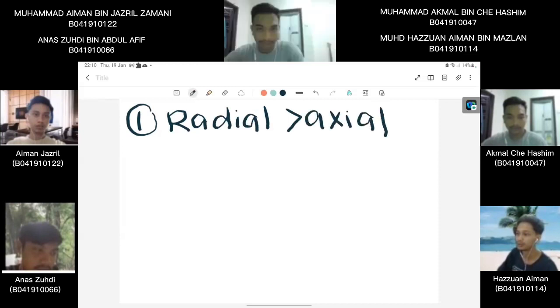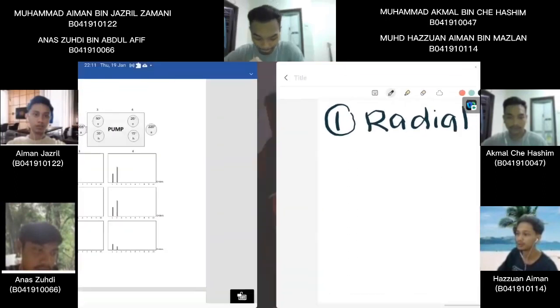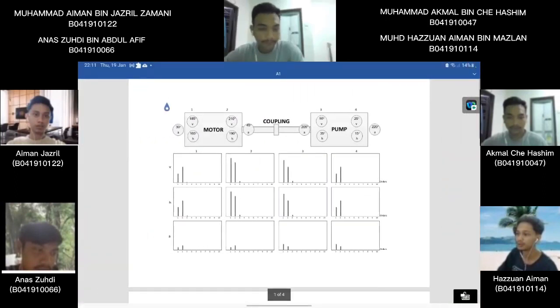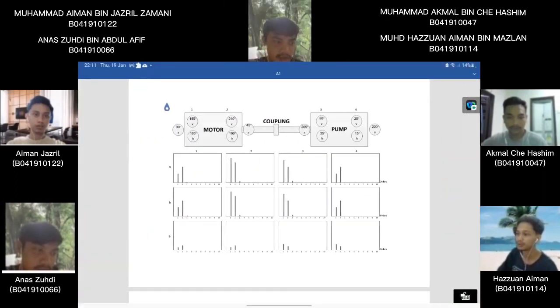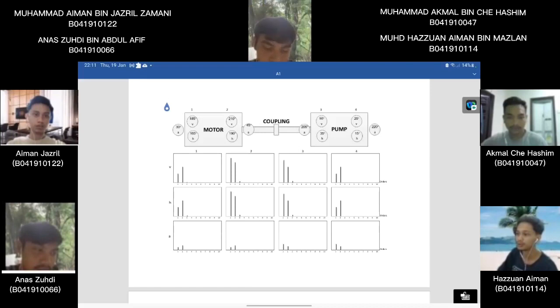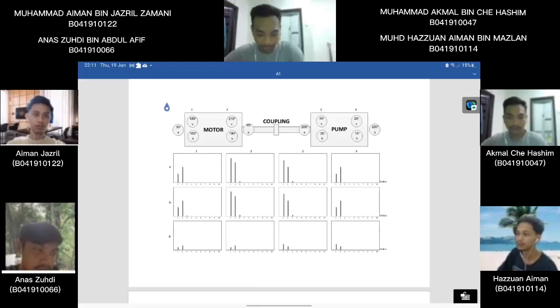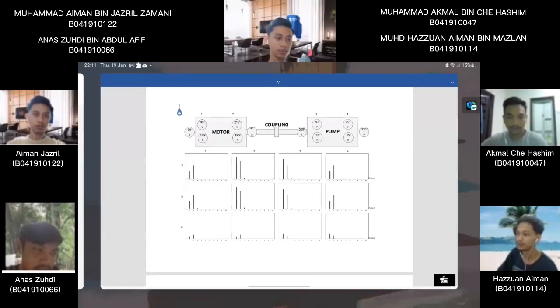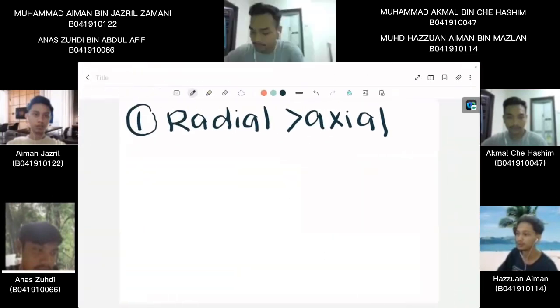Okay, so the second one we look at the dominant, 1x or 2x dominant. Then we see what line spectrum are there. You can see 1x and 2x.